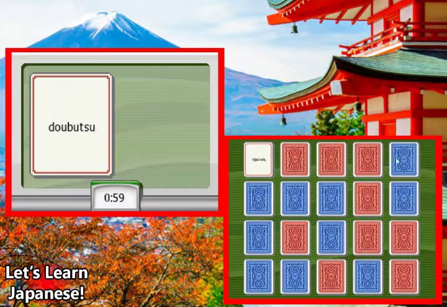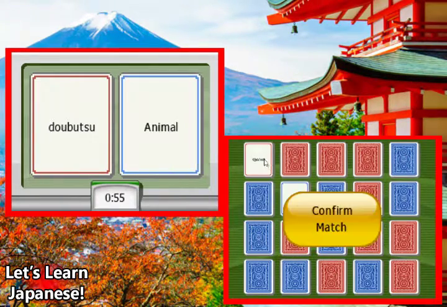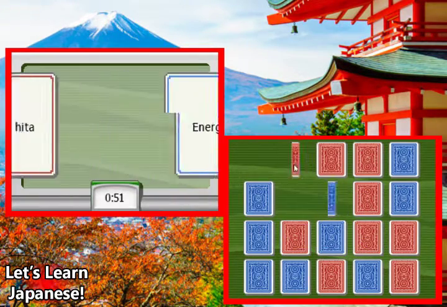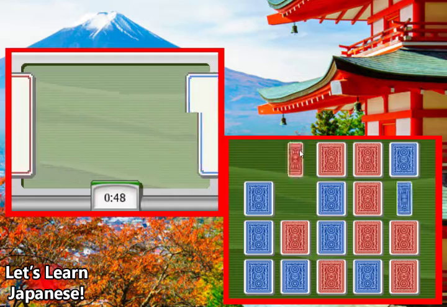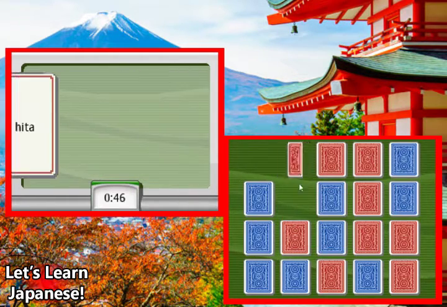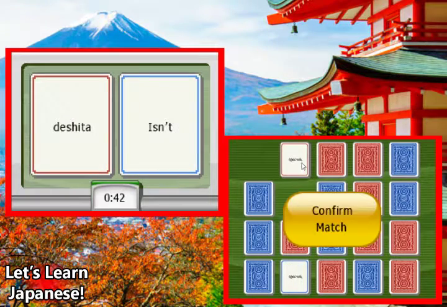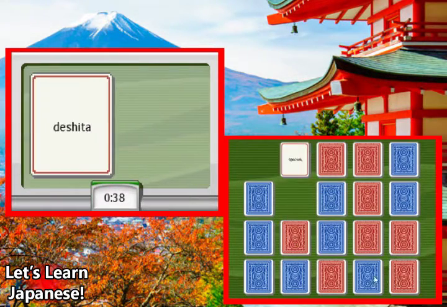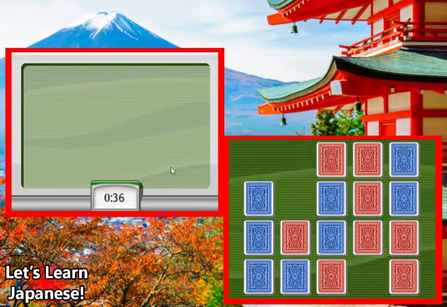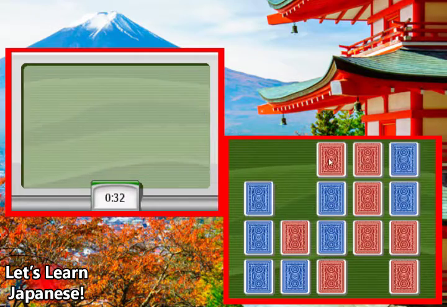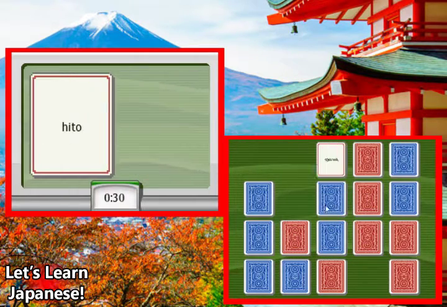Alright. Dobutsu is animal. Deshita is past tense. Was. Oh my goodness gracious. Isn't. No! I just said it was. Dewa arimasen is isn't. Hito is person.